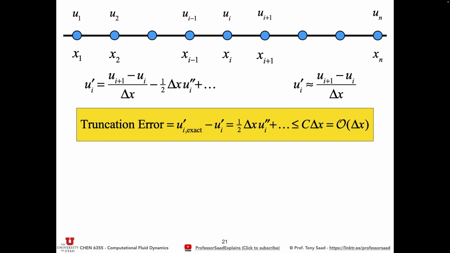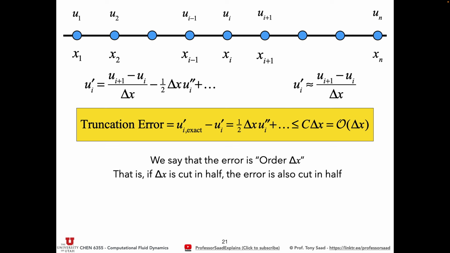It behaves in a way that is similar to that. That's what order means, the big O notation, we say. Okay, so we say that the error, again, I'm not talking about this in a very exact sense because it's not going to matter to what we're going to do. It's going to matter a little later where we're going to become more exact about our terminology. But I want you to hear it now. So we say that the error is order delta x.